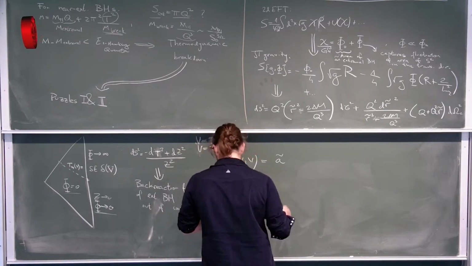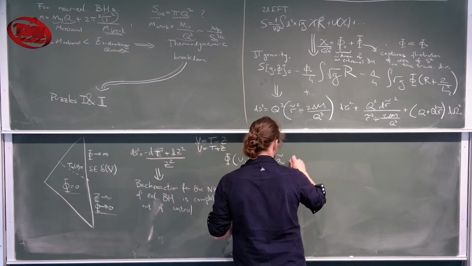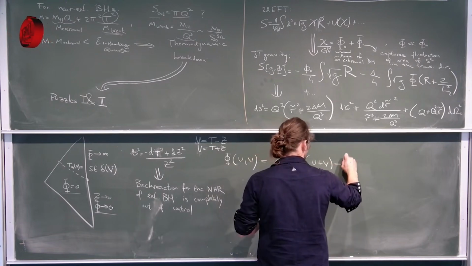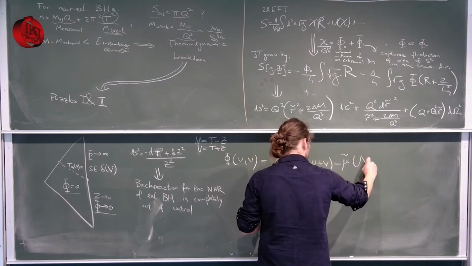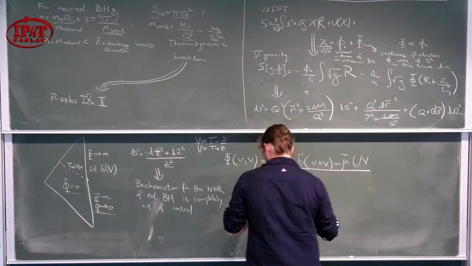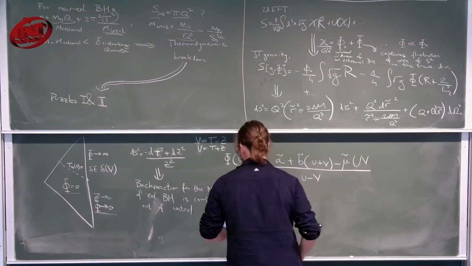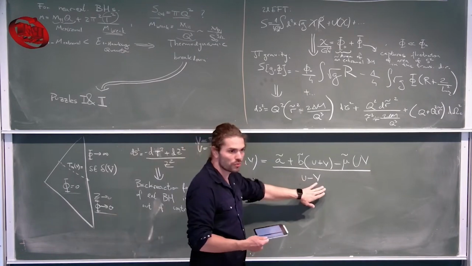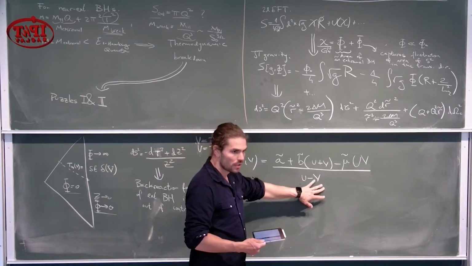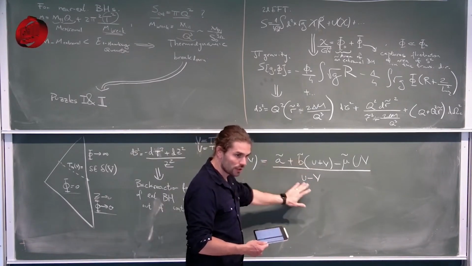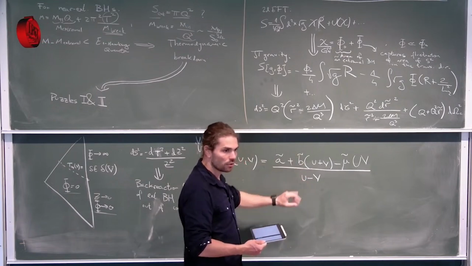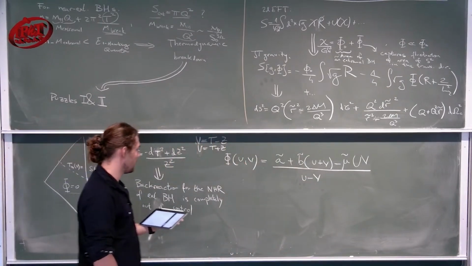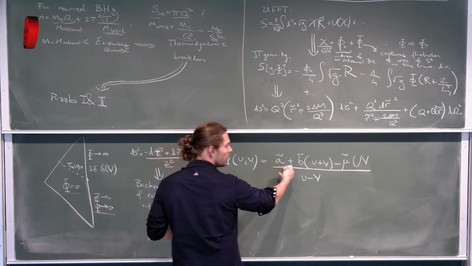So phi of u and v takes the form a tilde plus b tilde (u plus v) minus mu tilde u times v, divided by u minus v. u minus v is proportional to z, so this factor is divergent as we approach the boundary. So the only way to set the dilaton to 0 in the geometry is by setting all these constants to 0.